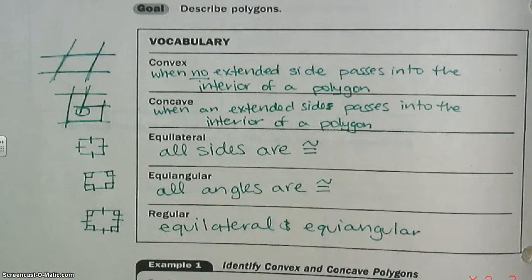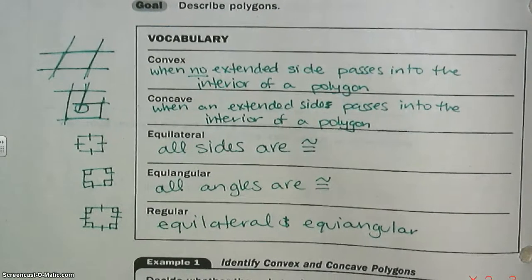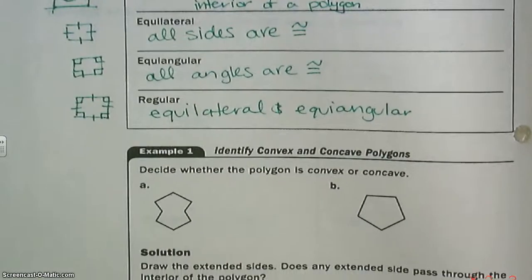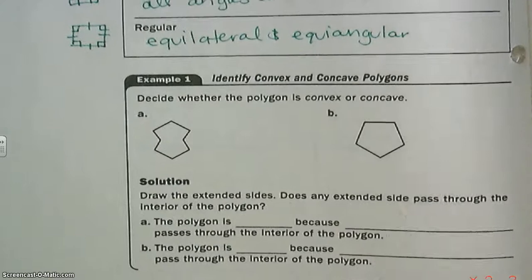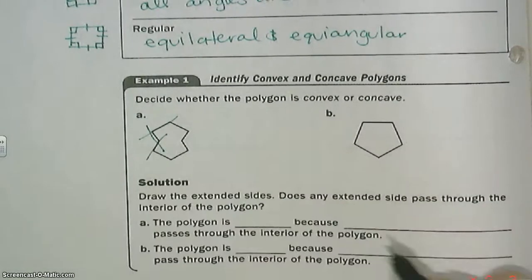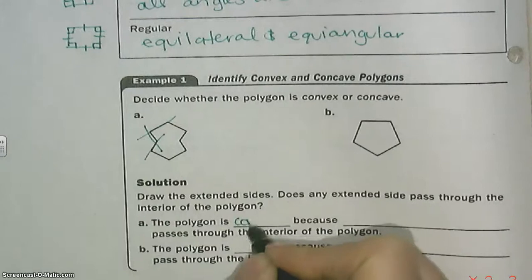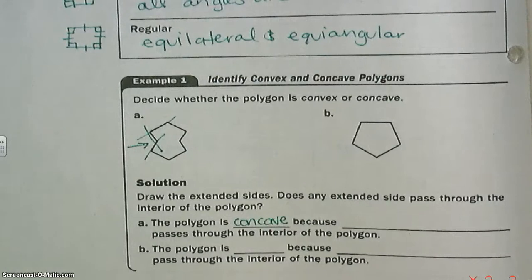So now we're going to use these words. Make sure you understand them because we're going to use them to do the following examples. Decide whether the polygon is convex or concave. All right, well, if we extend these sides, oh, it goes in. That means it is concave. And you can see, too, that the shape is caving in there.